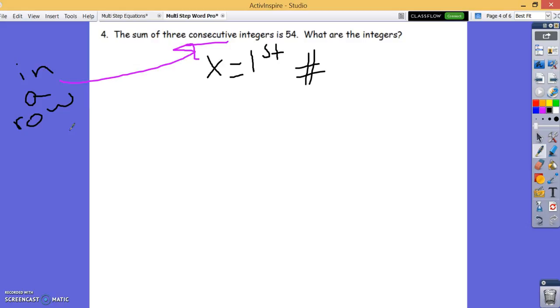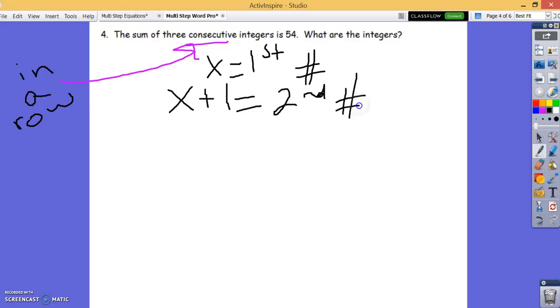Now what I know is that the next number is going to be 1 above. So if I found out my first number was 10, the next number is 11. If I found out my first number was 22, my next number would be 23. So what I'm going to say is that the second number is x plus 1.